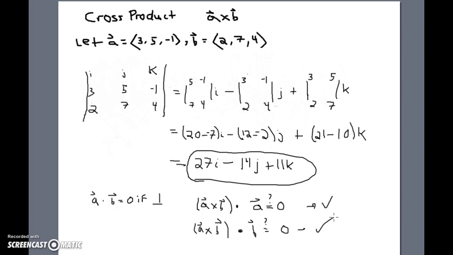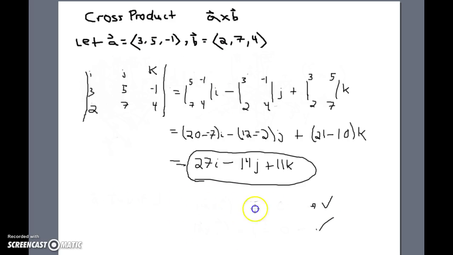In terms of application problems, there are a couple of application problems involving the cross product. And one of them, for an example, is the area of a parallelogram. So let's look at our answer here for a second. Let's say I have these two vectors again, A and B. Well, hopefully you guys are familiar with the parallelogram rule or law involving vectors.